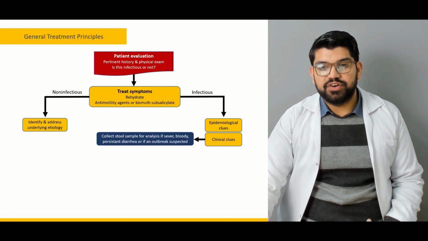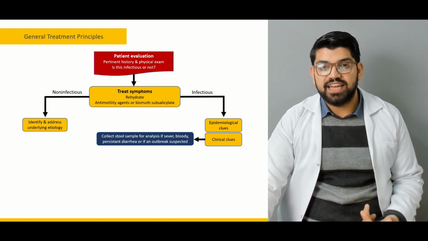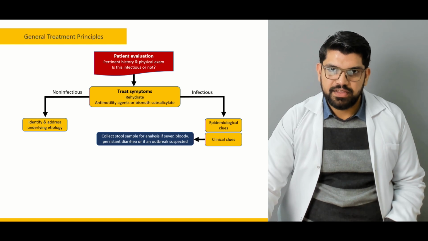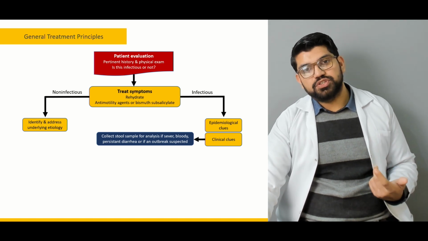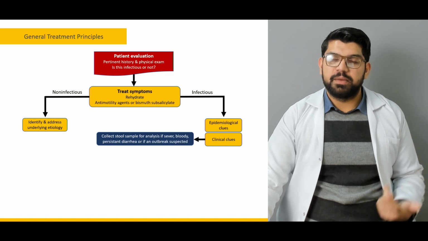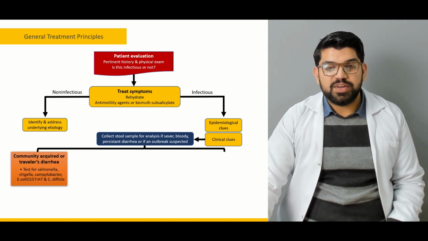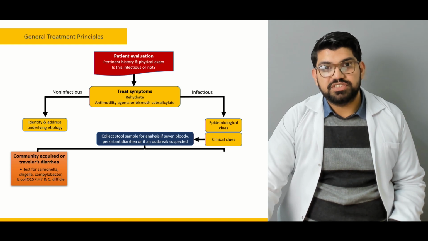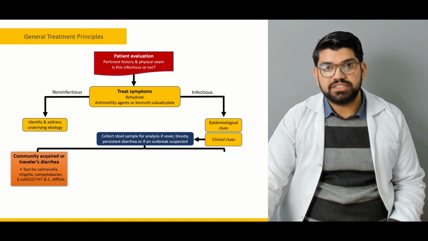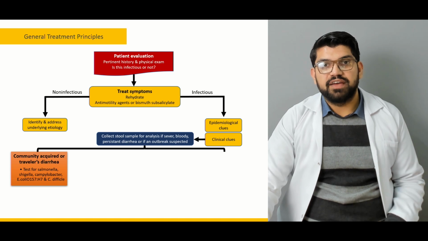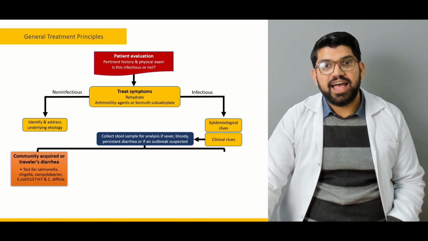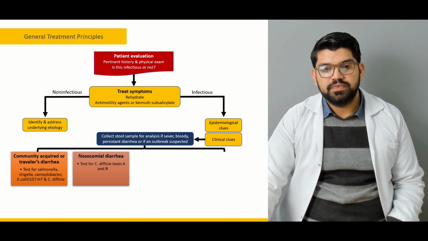Collect a stool sample for analysis if severe, bloody, persistent diarrhea, or if an outbreak is suspected. So what can a stool routine examination show? Leukocytes, primarily in infective causes. For community-acquired or traveler's diarrhea, test for Salmonella, Shigella, Campylobacter, E. coli O157:H7 antigen, and Clostridium difficile.